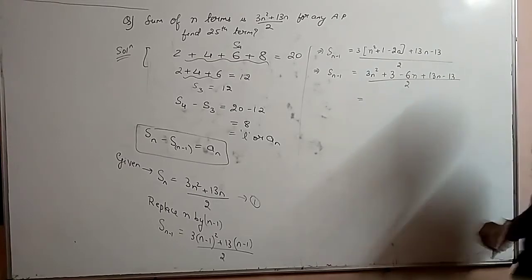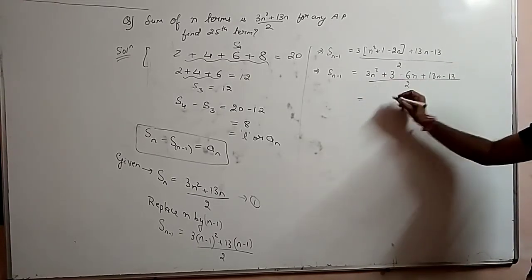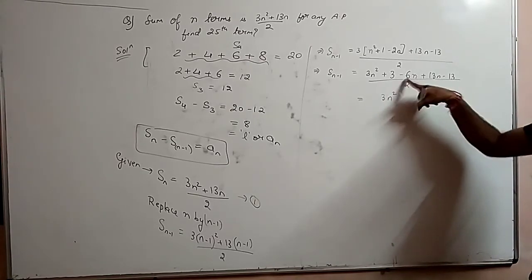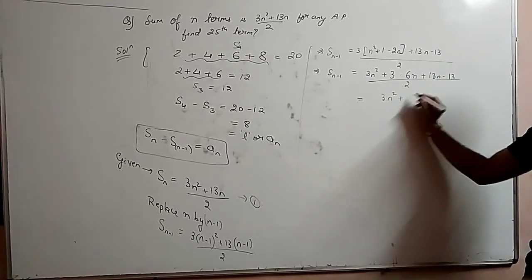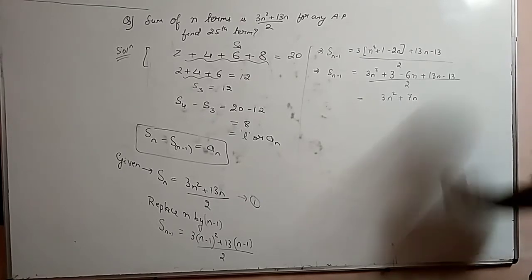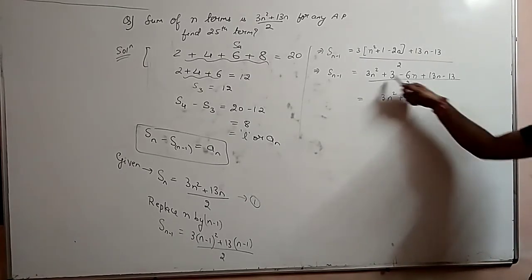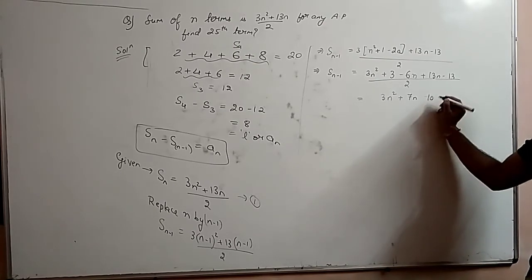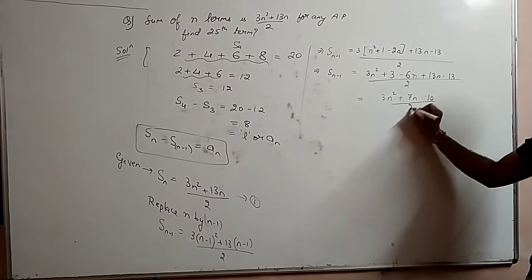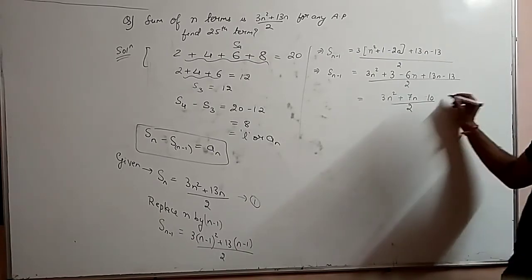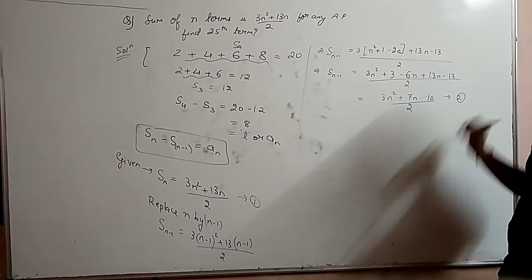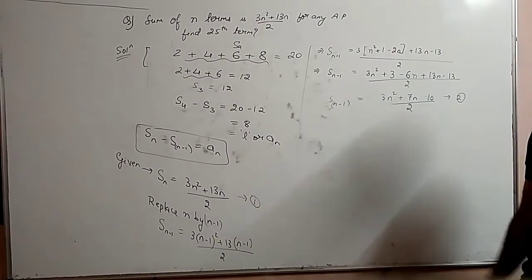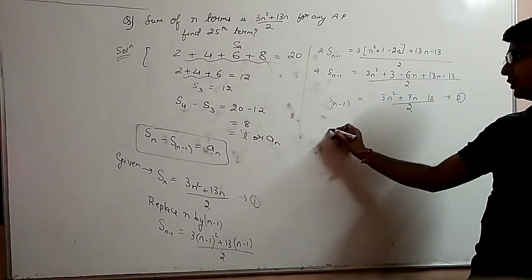Now just see, 3n square as it is, 13n minus 6n becomes 7n, minus 13 plus 3 becomes minus 10, and the whole by 2. Now I have got the value of S of n minus 1 terms.